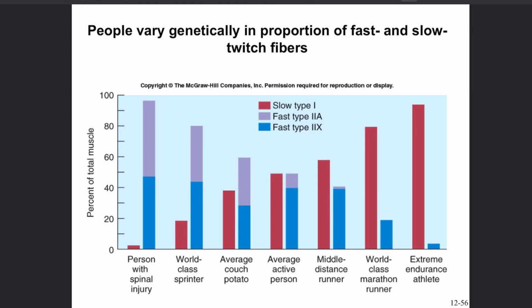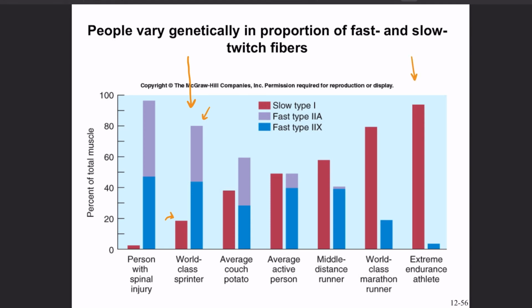I like this graph because it shows you an array of people who have different percentages of fast twitch or slow twitch fibers. Let's use a sprinter, for example. A sprinter is, of course, going to have a higher concentration of fast twitch fibers compared to the slow twitch fibers here.